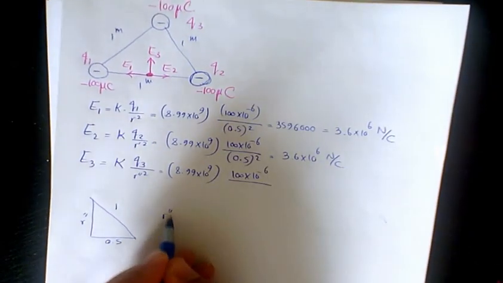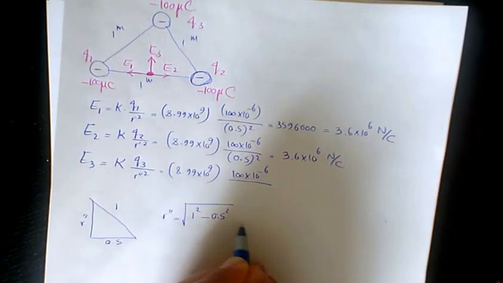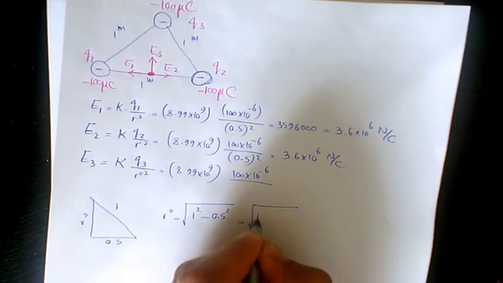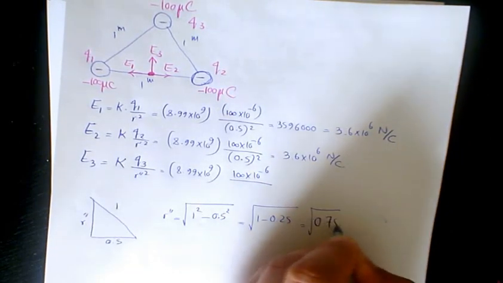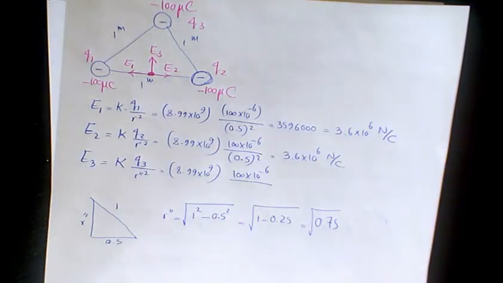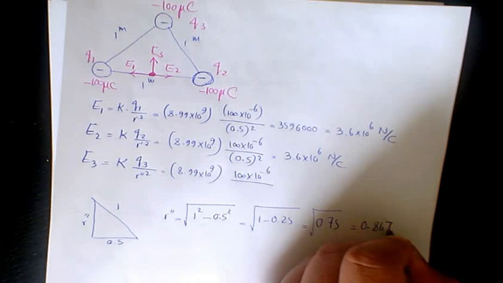So r double prime is going to be the square root of 1 squared minus 0.5 squared, which is 1 minus 0.25, or the square root of 0.75, which will be 0.866.